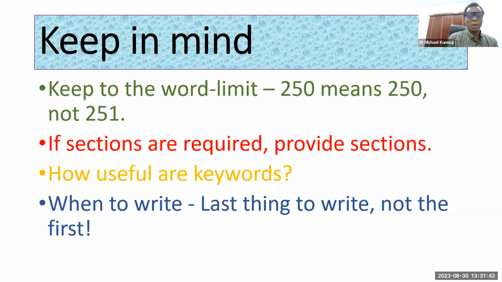And then sometimes we ask whether keywords are necessary or not. If you are required to put keywords, add keywords. If you're not required to add keywords, don't add keywords. The keywords are used maybe by search engines, especially where proper indexing is done.